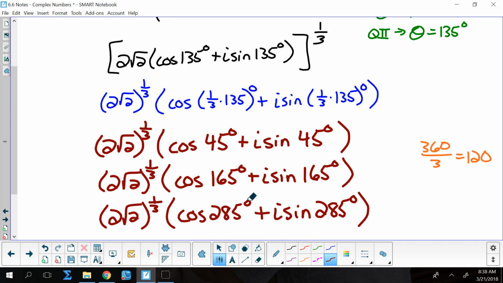Okay. That's all I've got for you from section 6.6. That leaves you time here to study for tomorrow's test. Tomorrow's test will be one page. It will look very, very similar to the last page of the review packet, the review assignment.